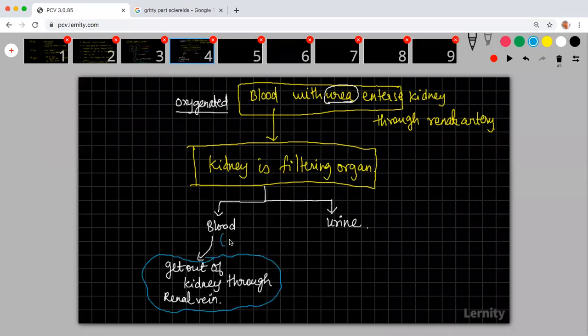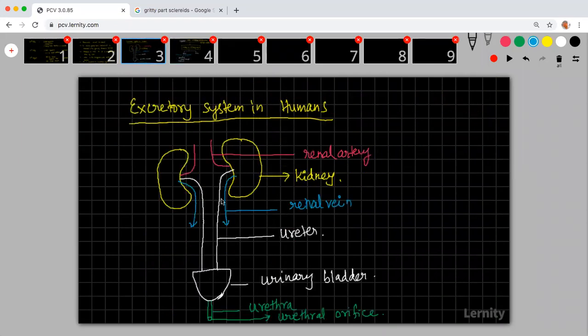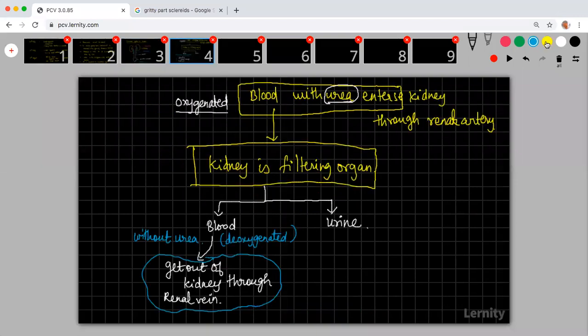It will be deoxygenated, but without urea. So it will not have urea in it. It will be coming out through the renal vein. So whatever has been produced as urine will come out.